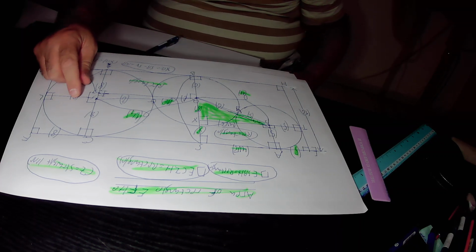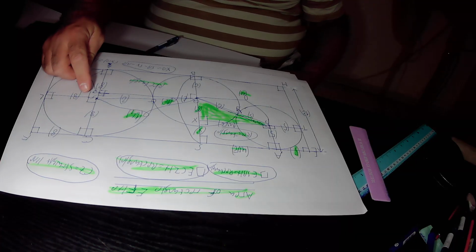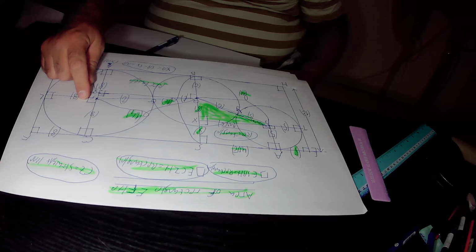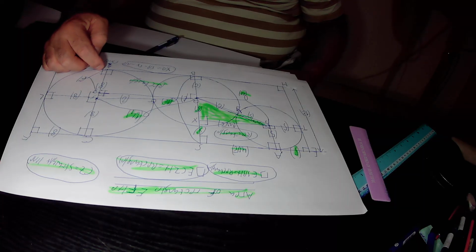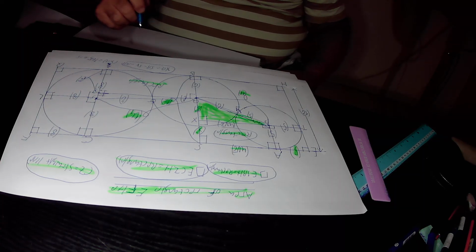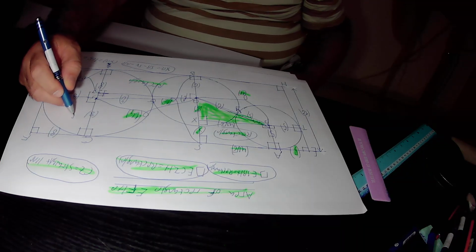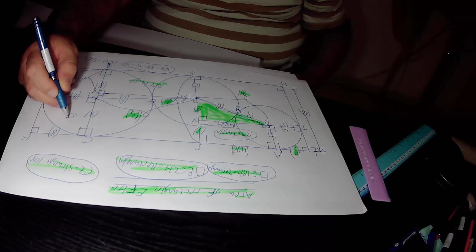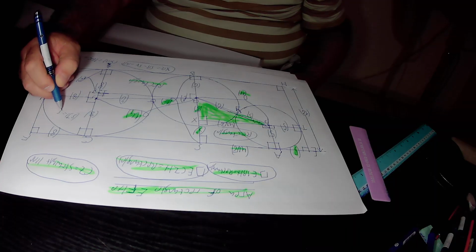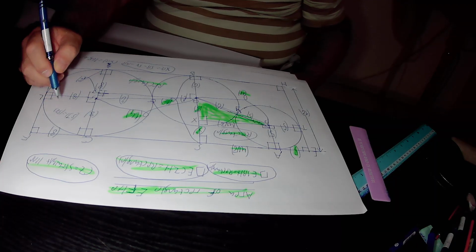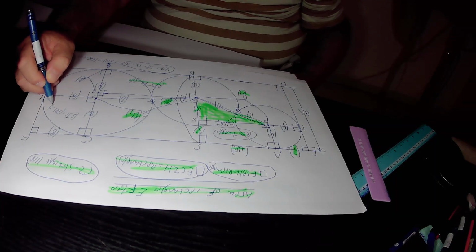So what is the length of this missing short line segment SJ? SJ equals SZ minus JZ.